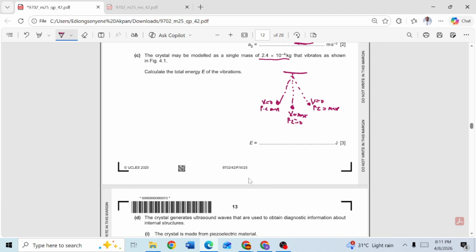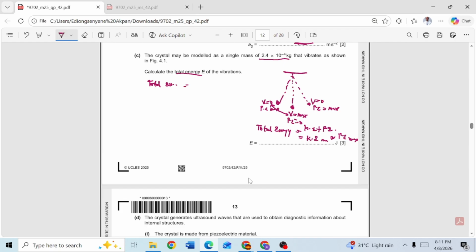What that tells us is that total energy is supposed to be kinetic energy plus potential energy. At max, you can use kinetic energy max or potential energy max because there is conversion from one to the other. Kinetic energy will be converting from maximum to zero. Potential energy will be moving from zero to maximum. So maximum kinetic energy can also take the place of total energy of a vibrating body.